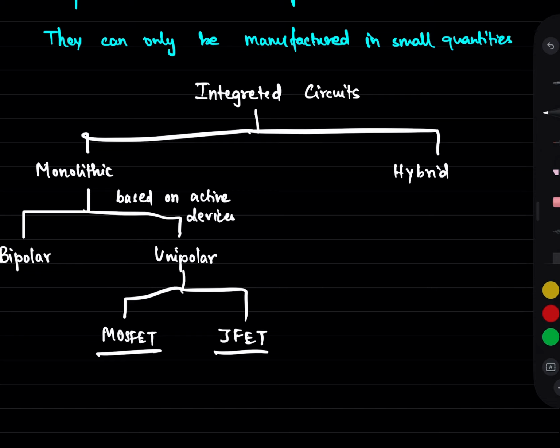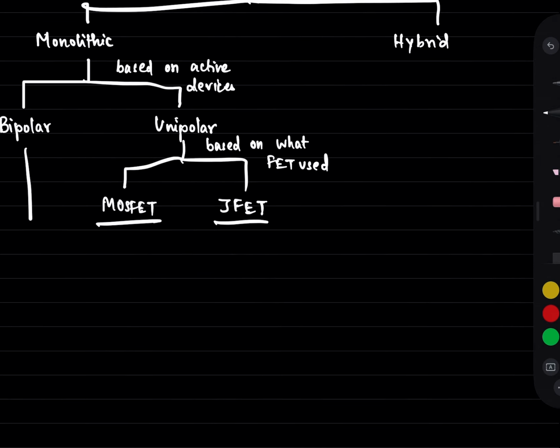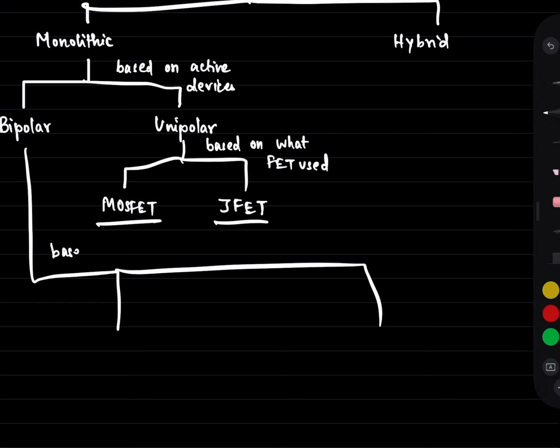Unipolar ICs are classified based on what type of FET is used, while the bipolar ICs are classified into two types based on isolation type.